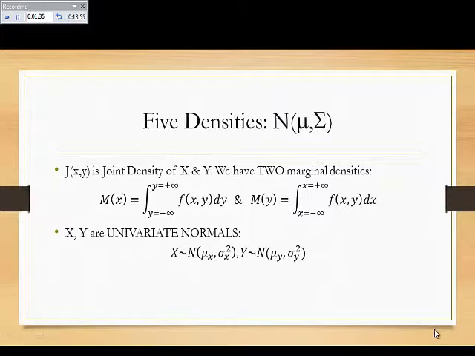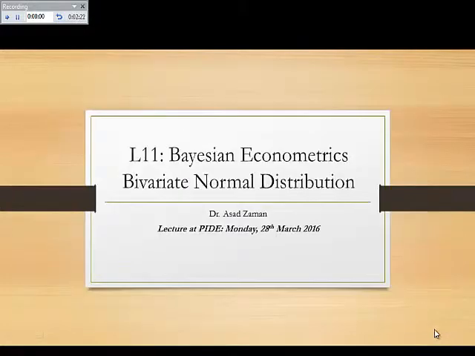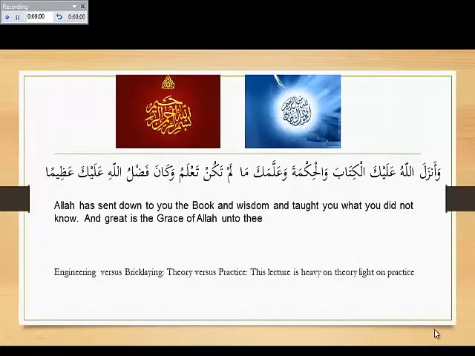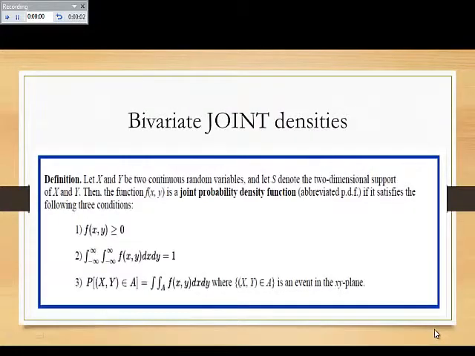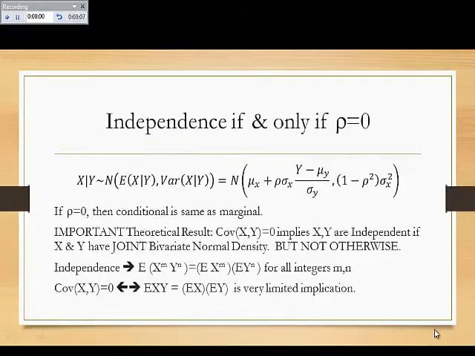So you find that the marginal density of x is univariate normal with mean mu x and variance sigma squared x. You start with this one, which is the joint density, and you integrate this, and you get the result.